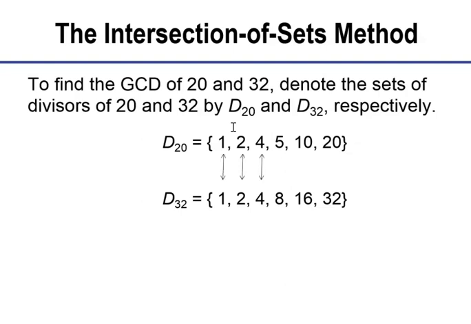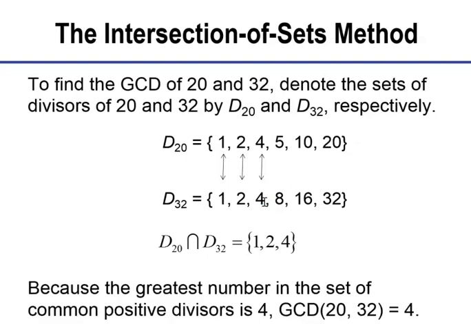And then notice common divisors. We have arrows here. So 1 is a common divisor, 2 is a common divisor, 4 is a common divisor. But the largest of these, and there's the intersection method, where again the largest of these common divisors is 4, and that's an easy way to handle this.